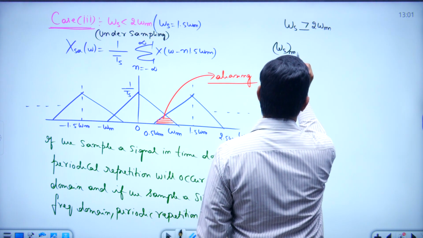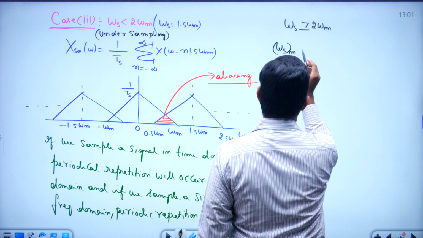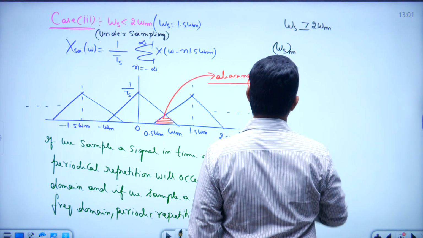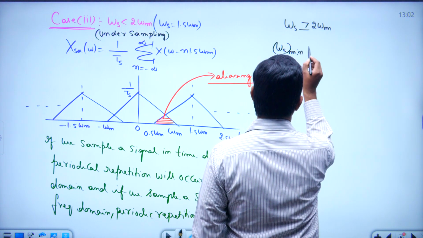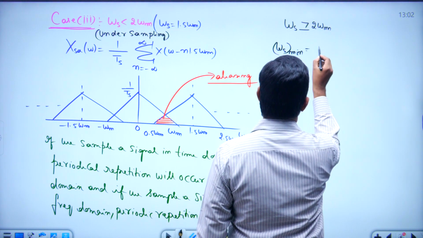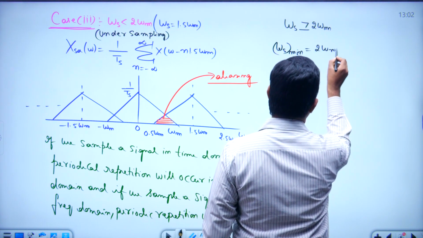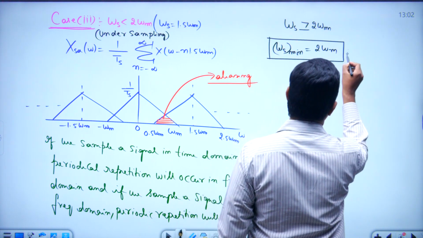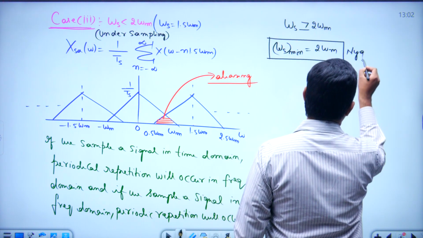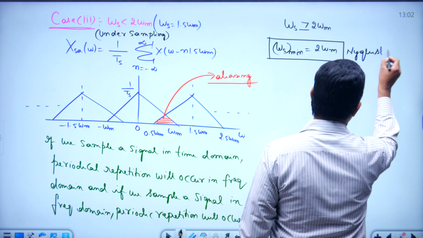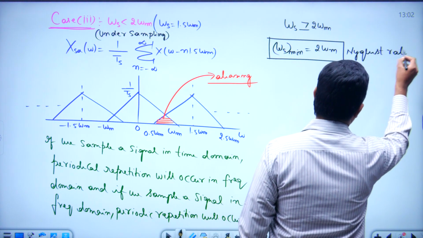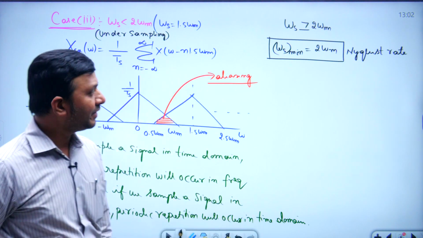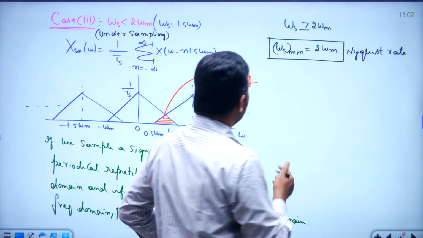The minimum value here is 2 omega m, which is known as the Nyquist rate. Nyquist rate. Okay.